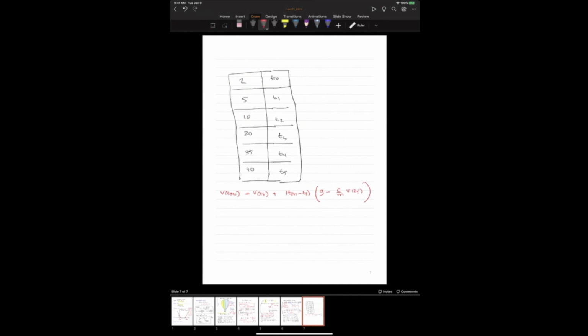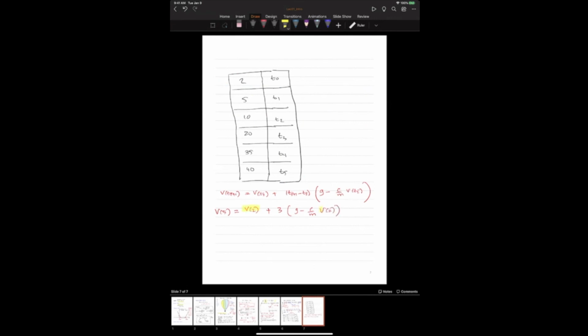Let me substitute. The first time I have is 5. So V5 is V2 plus (5 minus 2, which is 3) times (g − (c/m) V2).